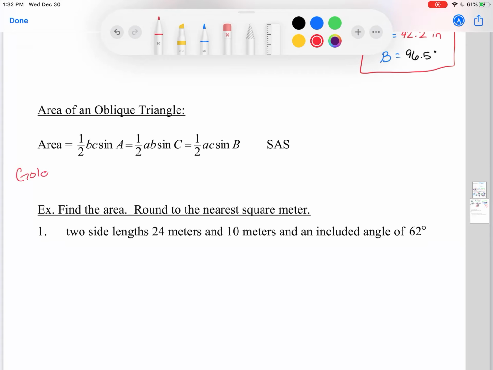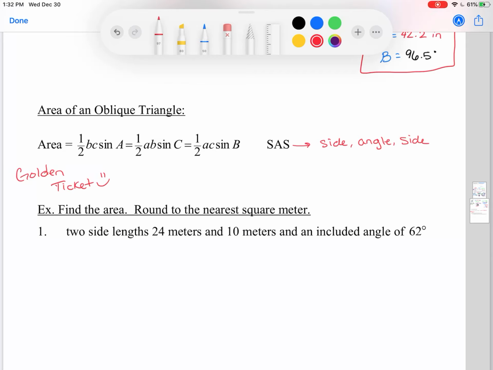Again, this is on the golden ticket, on that formula sheet I showed at the beginning, so you do not need to memorize it. That's nice for us. The way this formula will be used is if I give you a question that uses side, angle, side.